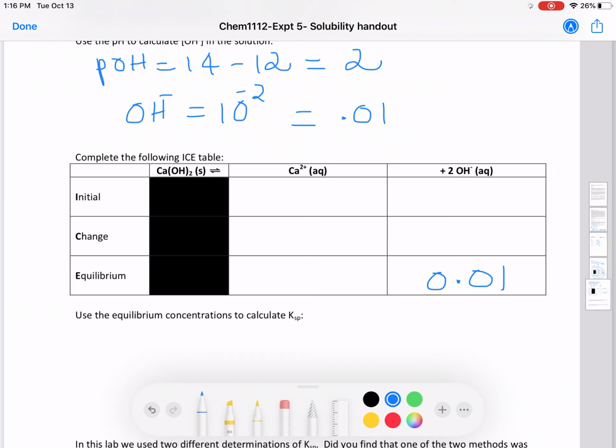Okay, and then again the ratio is 1 to 2. If the equilibrium concentration is 0.01, then the calcium ions are going to be half of that, right? 0.005.